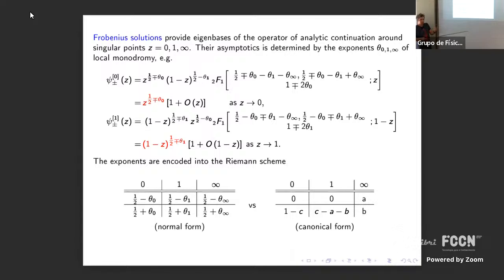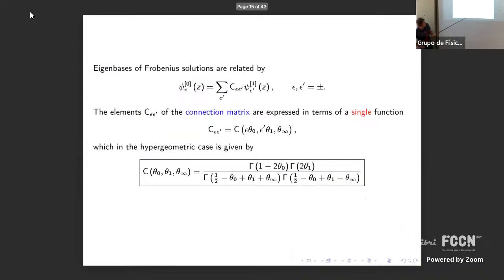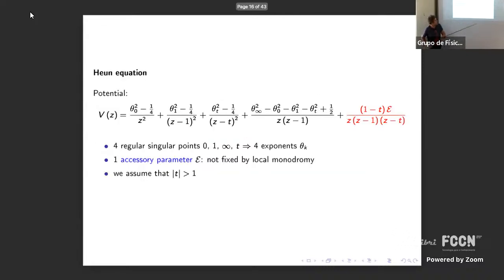Well, because you have something like Puiseux series, so this is not an entire series that you have there. Anyway, the connection problem for the hypergeometric equation relates these two Frobenius bases by a very simple formula involving the gamma function. This is a very classical story.